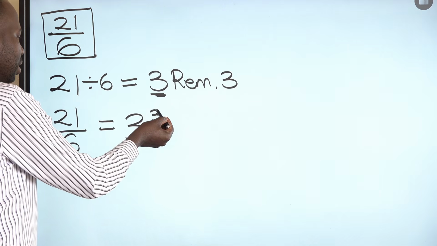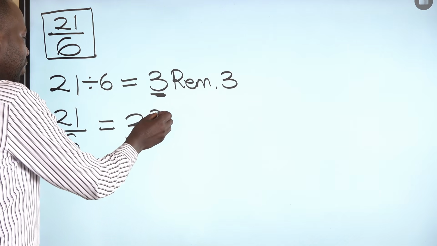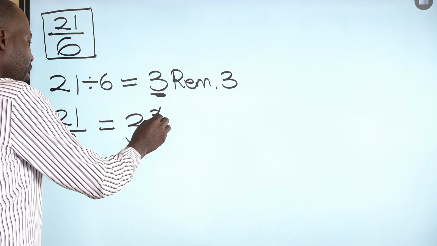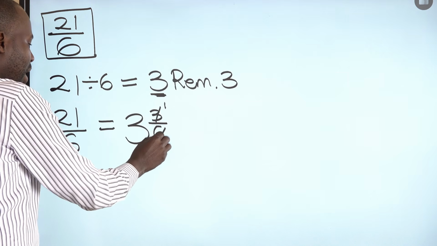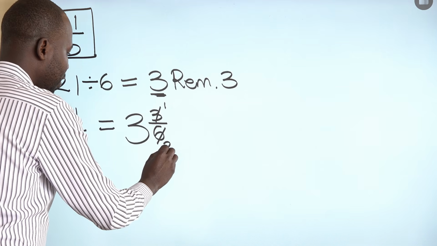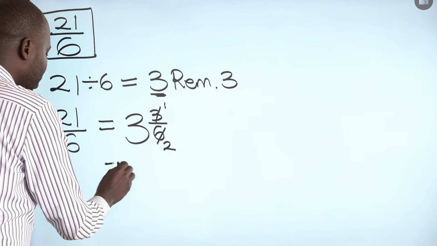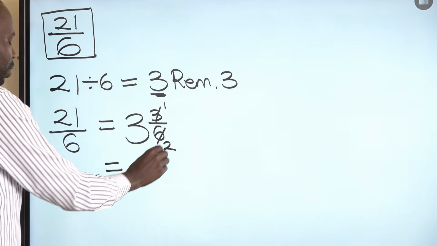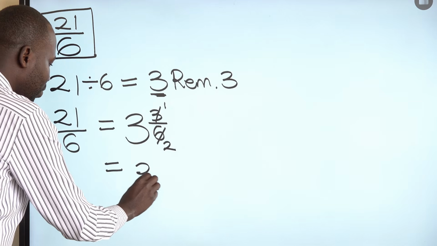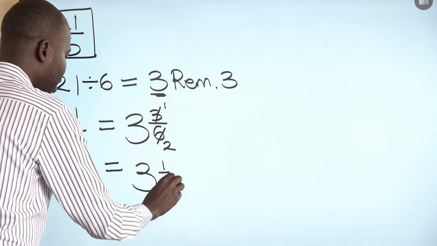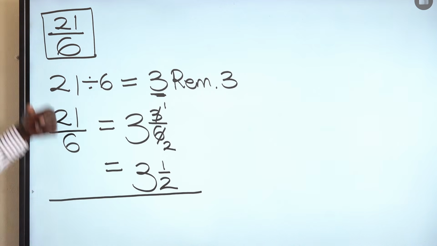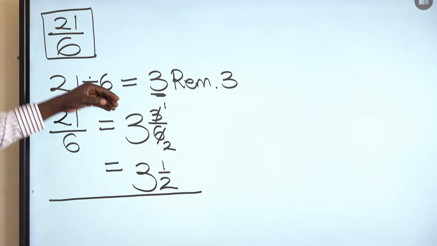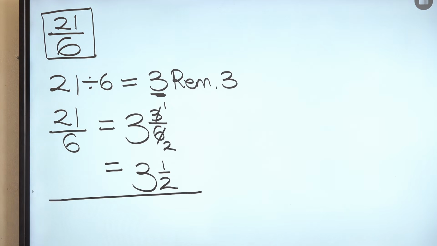When you have a fraction like 3 out of 6, this can still be reduced because 3 can divide 6. So you divide by 3 one time and divide 6 by 3, you will get 2. So the final answer will be 3 whole number, 1 out of 2. You've changed the improper fraction to a mixed number.